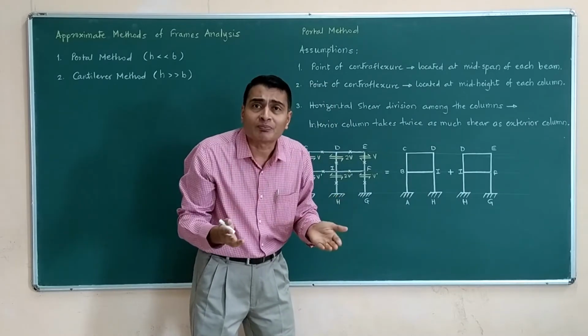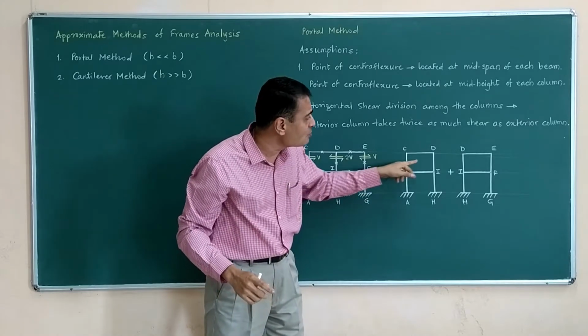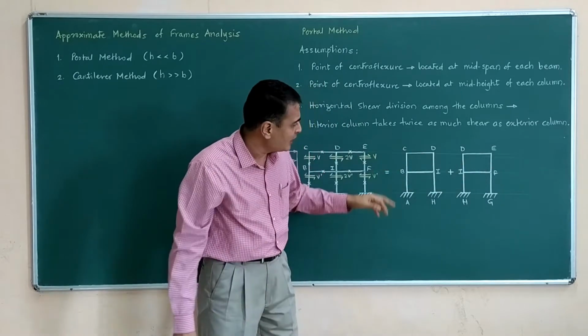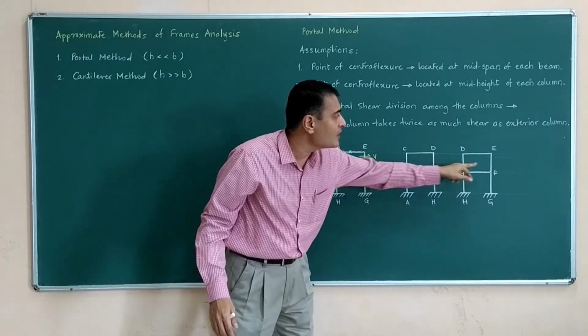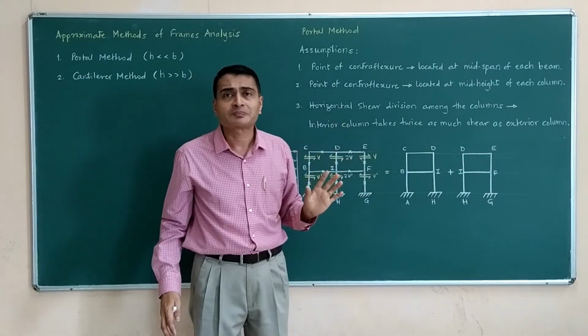That is an assumption, an imagination. So if such is the case, this is V, this is V, this is V, this is V. When I combine, it becomes V, 2V and V. That is the basis of this assumption.